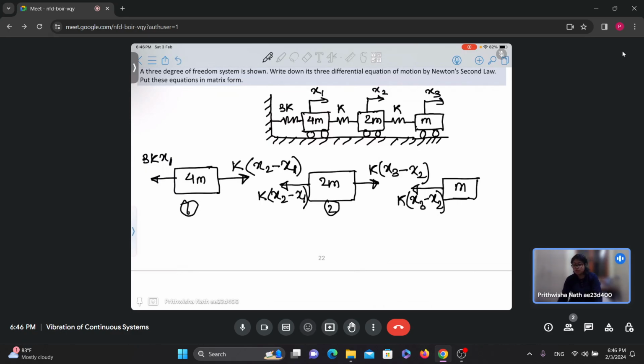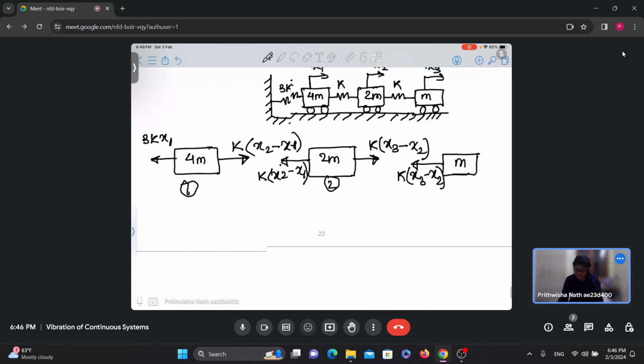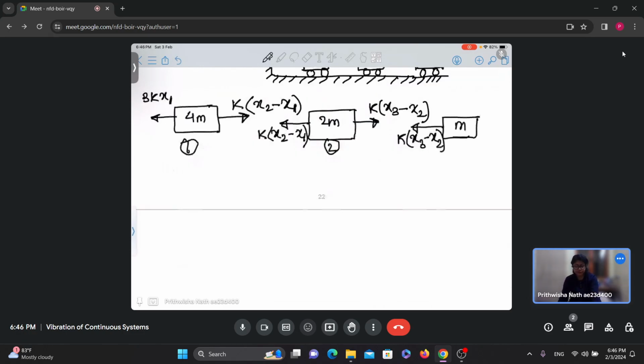Now what we need to do is write the equation for the three masses. So first, for the first mass, how can we write the equation?